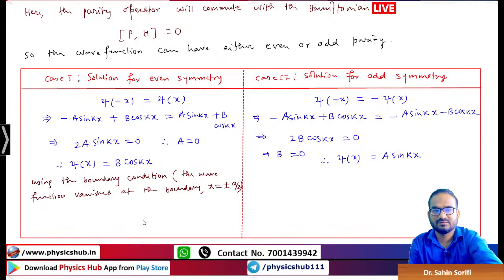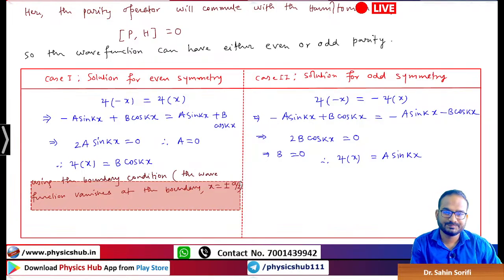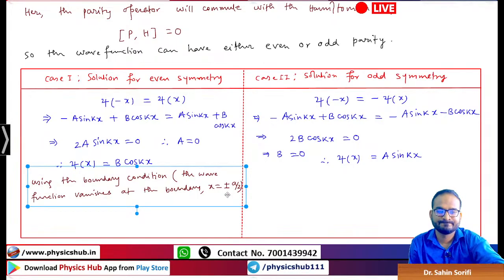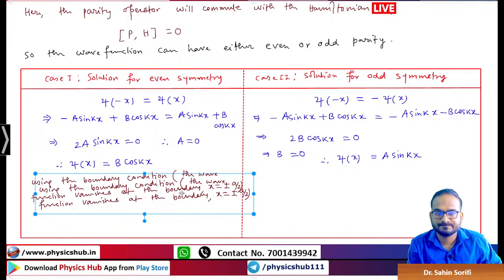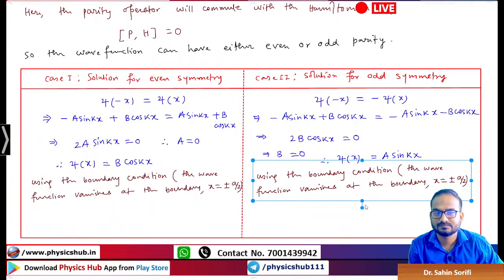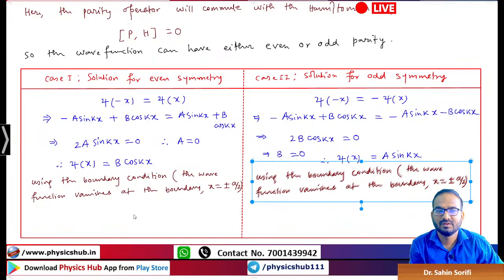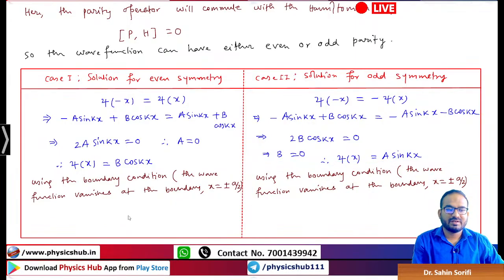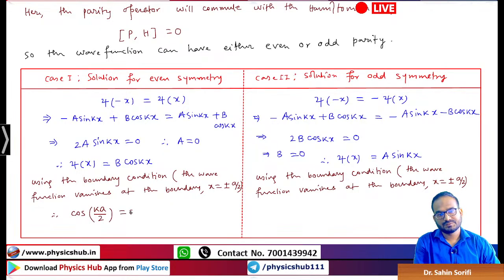Same thing we are going to apply here on the other side too. Then what can you write? You can write, if psi of x equals 0, so cos ka by 2 equals 0.